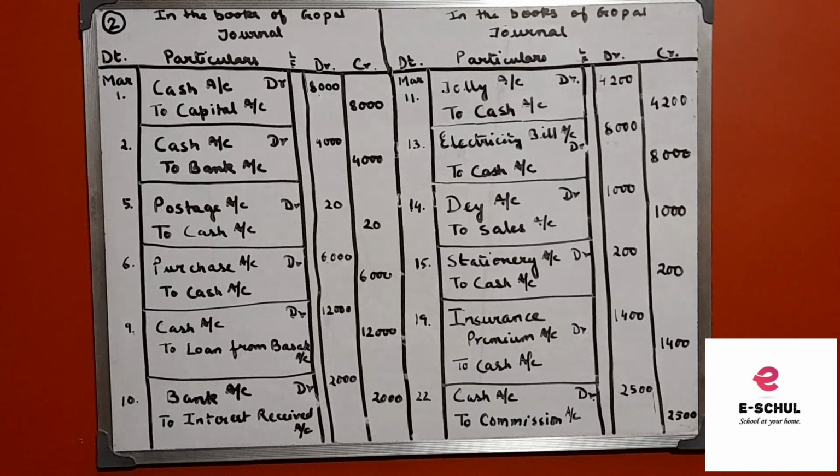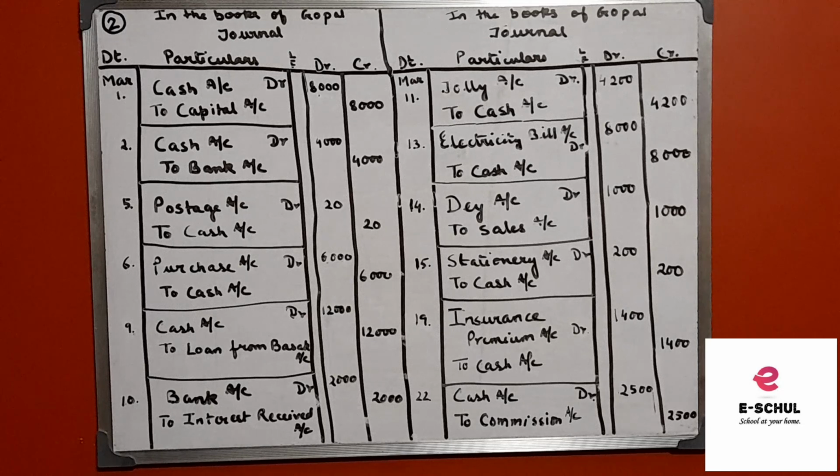19. Paid insurance premium. The students who have already gone through my last video, that is the master sum number 1, have noticed that there was also a transaction like this, insurance premium paid of Sai Ram. There I treated it as drawings because the business was paying the insurance premium of the owner.